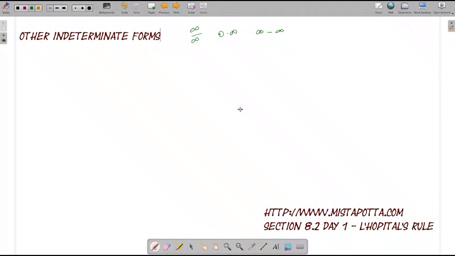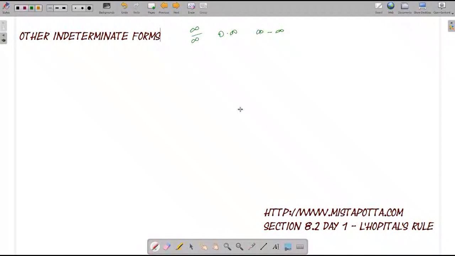Now, all three of these situations could give me a limit of 0 or a limit of a constant value or a limit of undefined, positive infinity or negative infinity.